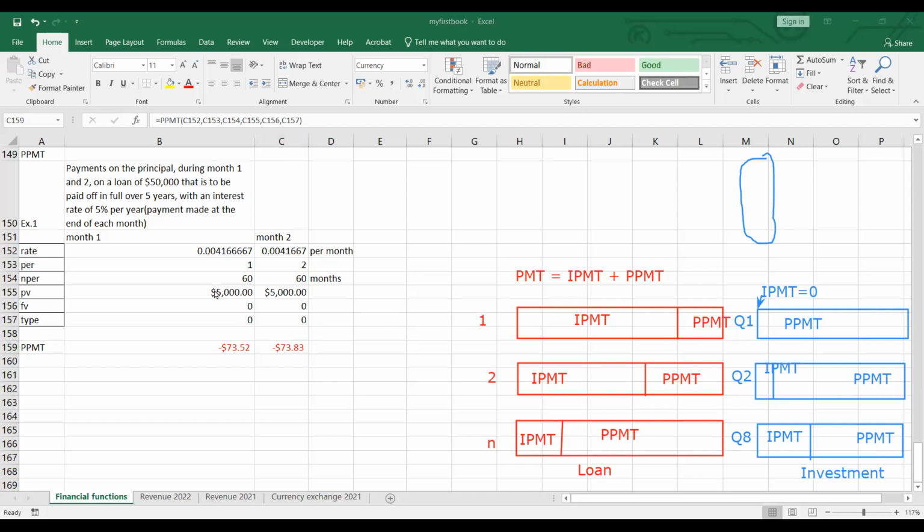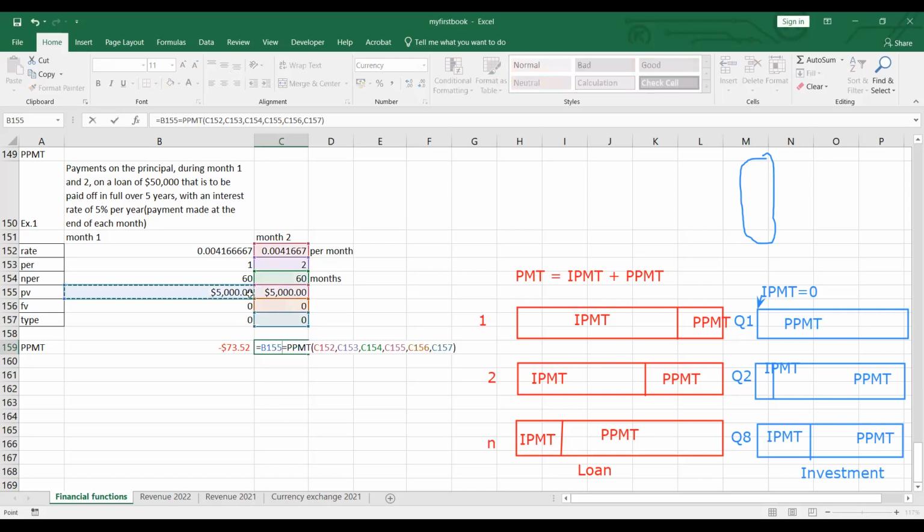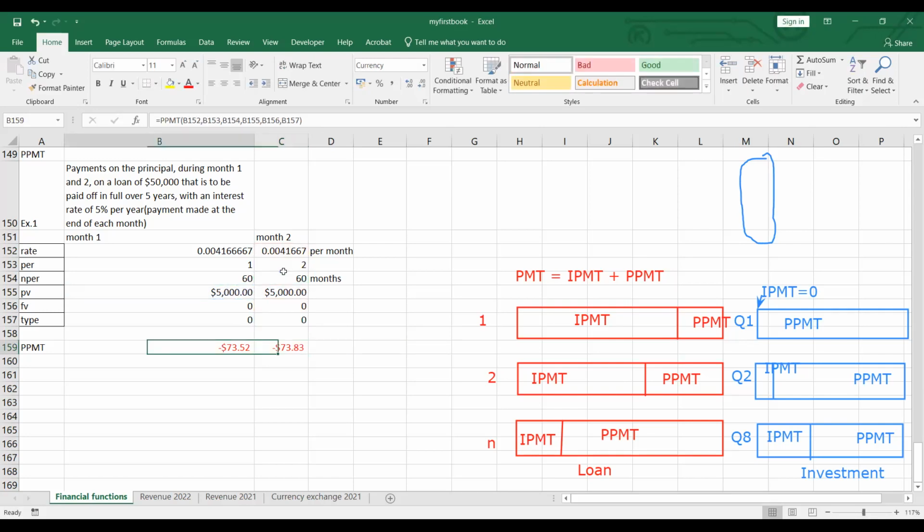Sorry, thanks for pointing that out. It is 50,000, not 5,000. I put the wrong number. Okay, in here we get 735.23 on month 1 and 738.29 on month 2.